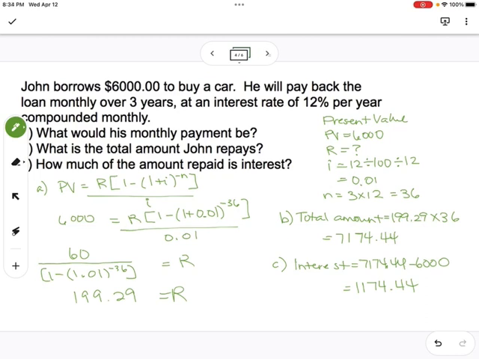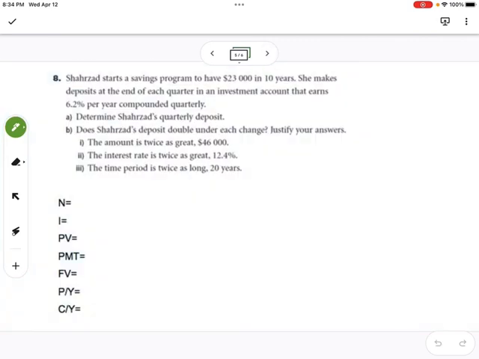Okay. Looking at one more question here. And this one we are going to be using the TVM solver again.